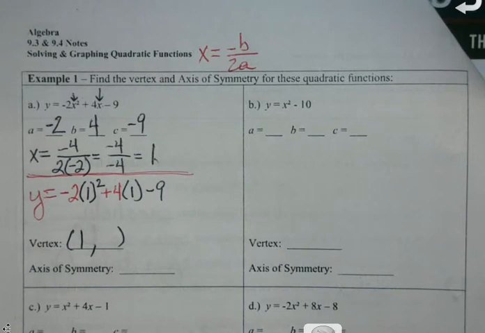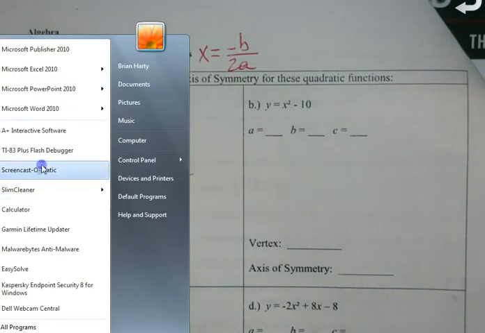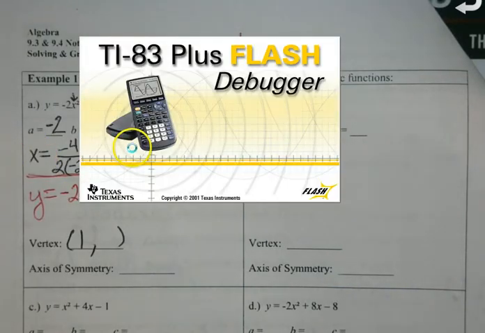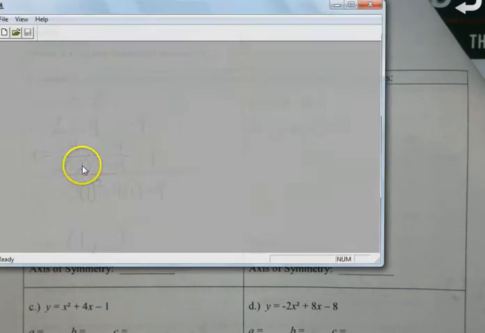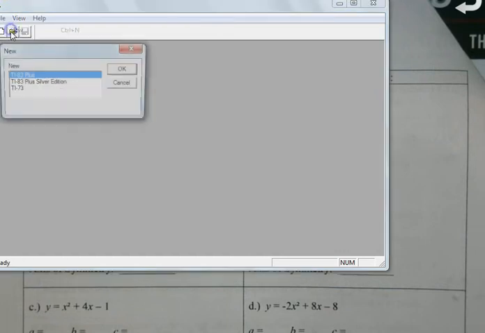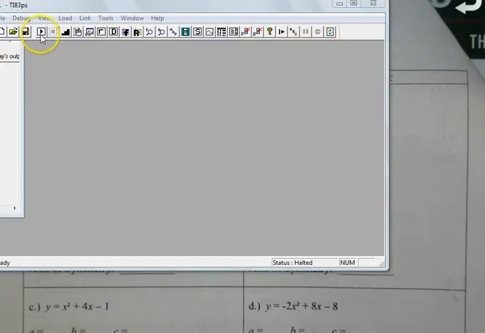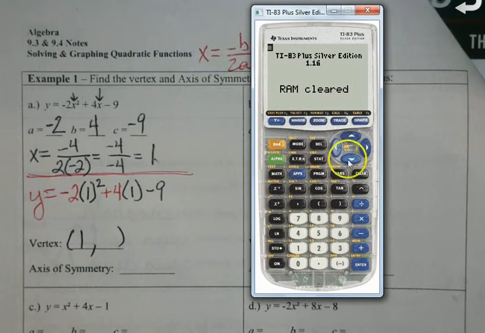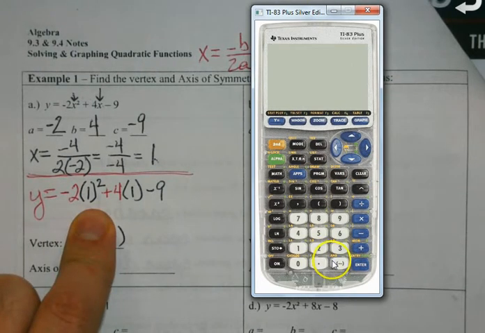Now, if you don't want to go through having to deal with all of this, and you want to use a calculator, you absolutely can. You could do this on any calculator. It doesn't have to be the fancy ones that we have in here. So what I'm going to do is basically take this and just type it in.